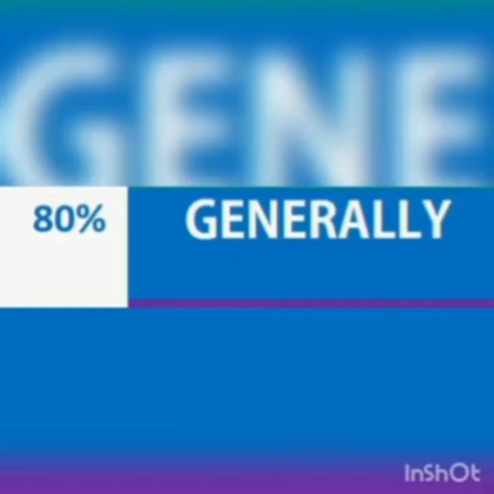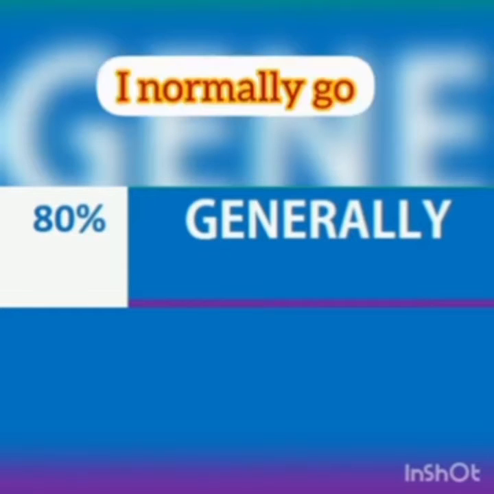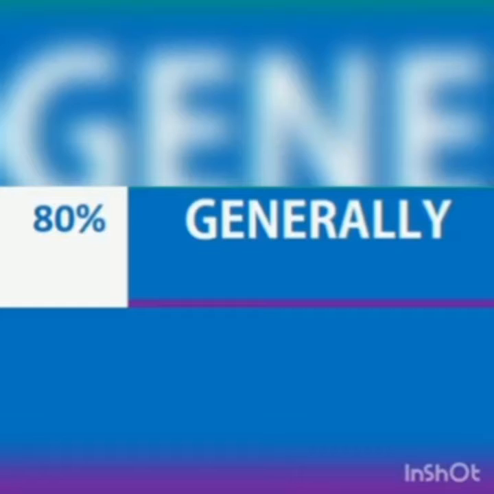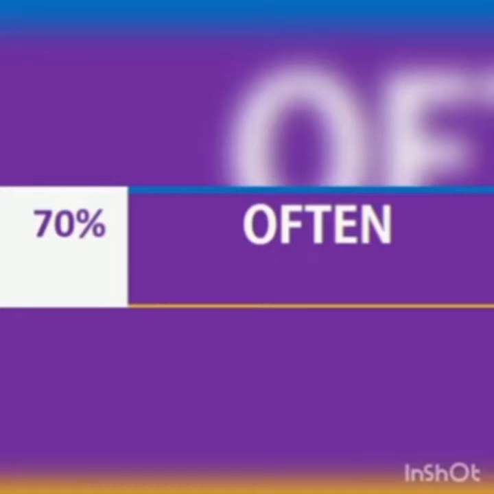For example, I usually have cereal for breakfast. At 80%, we use the words normally or generally to show some activities. Example: I normally go to the gym. At 70%, we use the words often or frequently.